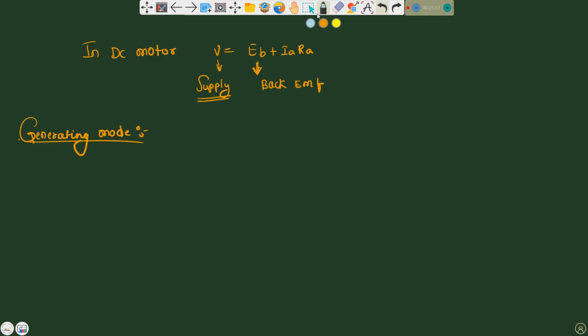If we talk about generating mode for a DC generator, the shaft power input will be equal to what?